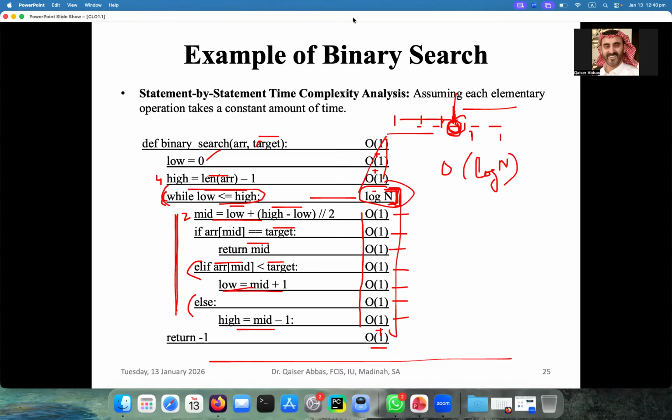And if n is 5, then I am saying log 5. And you are asking why I am not saying 5 only and why I am saying log 5. This is your question. Then I am asking how many times this loop will execute if the size of the array is 5.